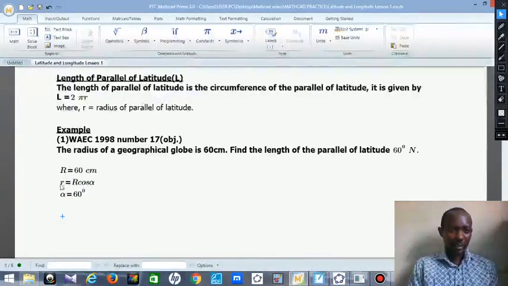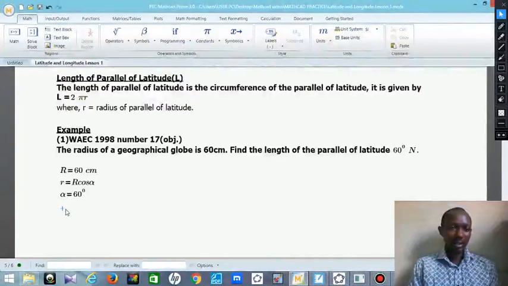So this is the radius we need, radius of parallel of latitude. If you know the radius of parallel of latitude, the length will be easy because the length is 2 pi r. Very simple question. Then now that we know the capital R, which is the radius of the globe itself, then we know the alpha, which is the angle of latitude of that parallel of latitude, which is 60 degree north.